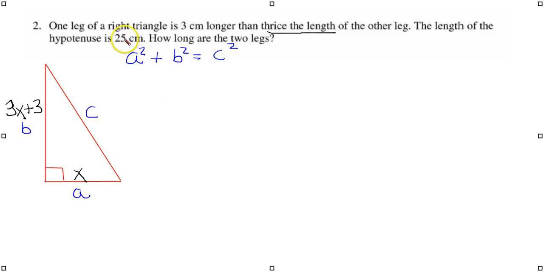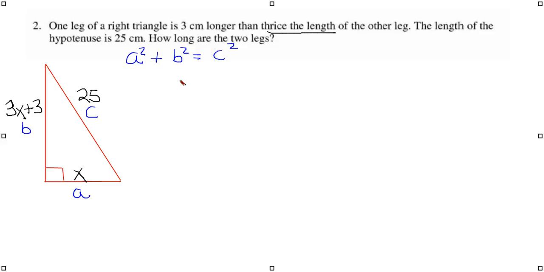Now they are telling you what the length of the hypotenuse is. This is 25. So we want to solve for x, in a sense. So our equation is this.